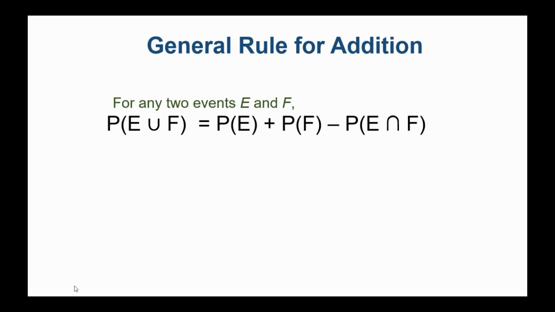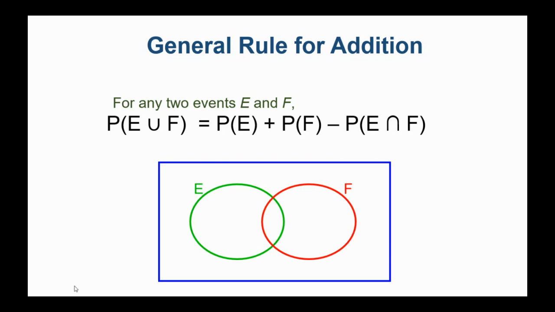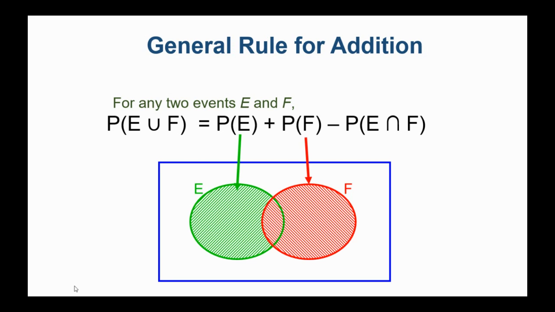Now, you may be asking, why are we taking out the probability that both occur? Does one or the other occur then? That would be double. I'm sorry. So, let's look at this Venn diagram. We have E occurring, so there's that circle. F occurs.